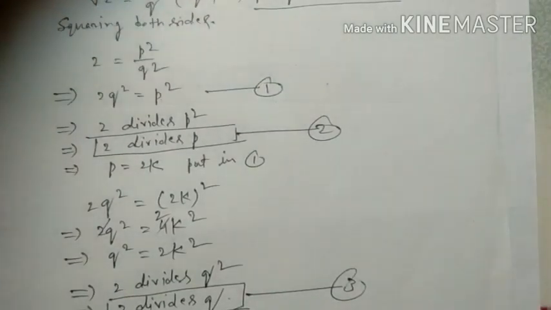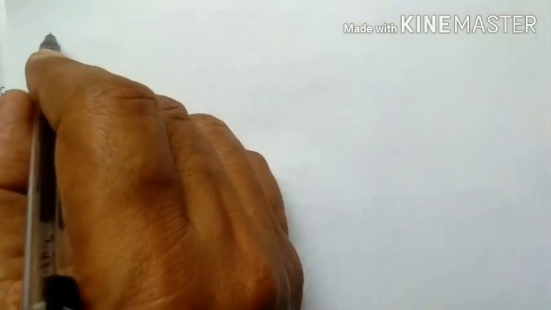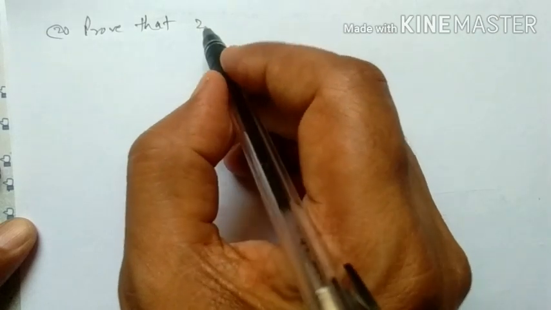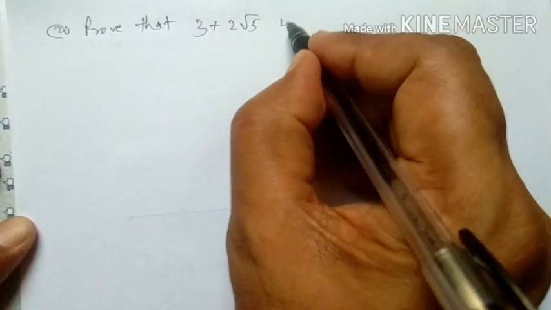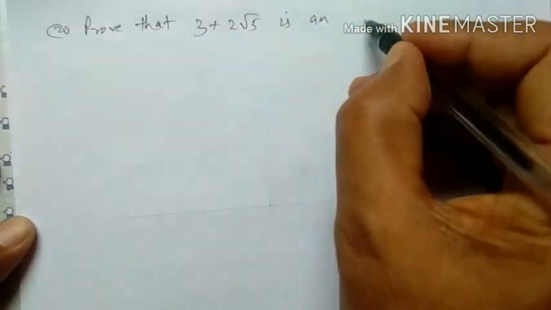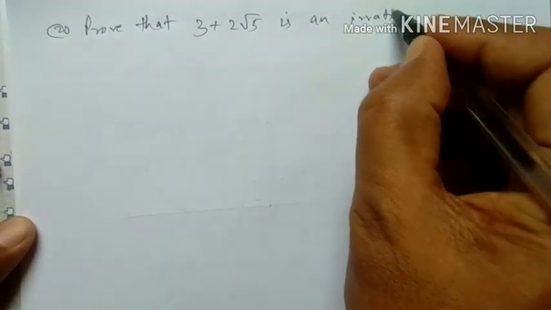Now let's second question. Prove that 3 plus 2 root 5 is an irrational number.